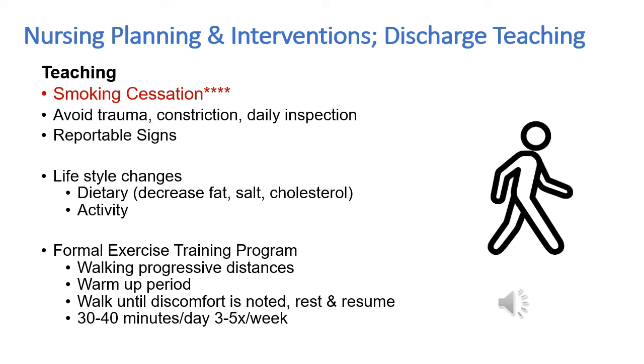They need a warm-up period, and then we want them to walk until they feel pain. When they feel pain, they stop and rest till it goes away, and then they start again. Their walking should be built up to about 30 to 40 minutes a day, 3 to 5 days a week. And if they slowly, progressively do this, this will promote the blood flow to the distal periphery.